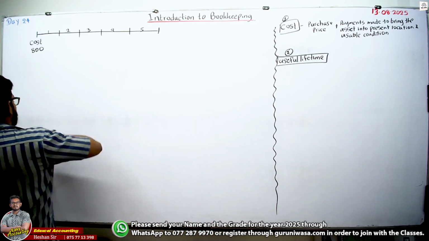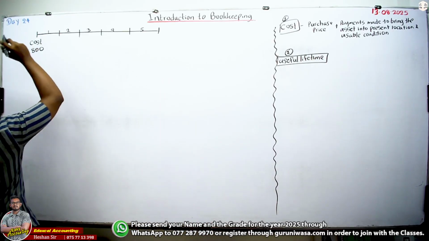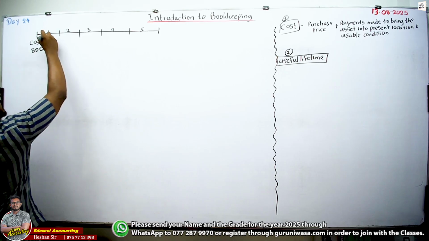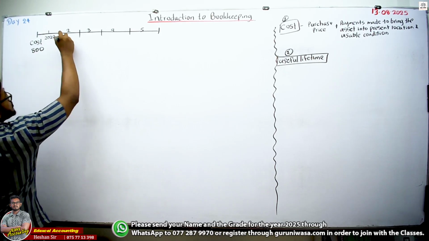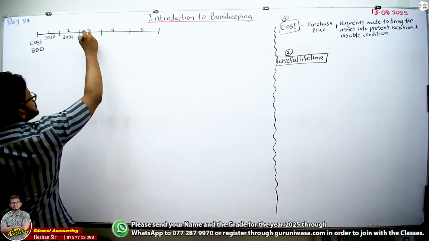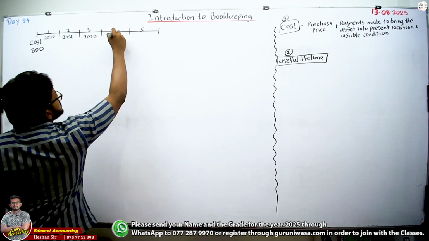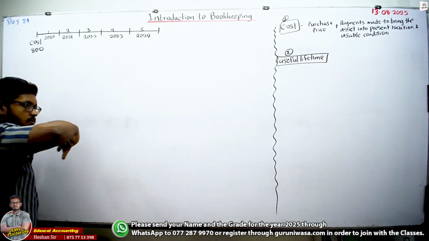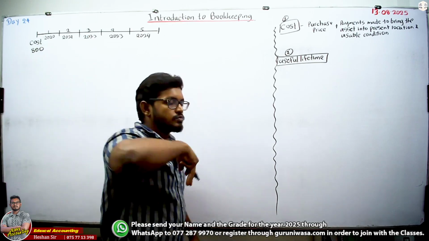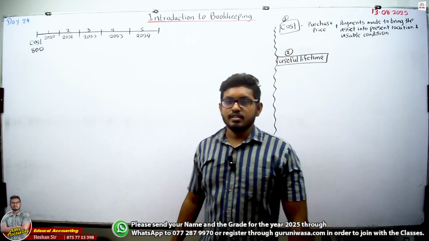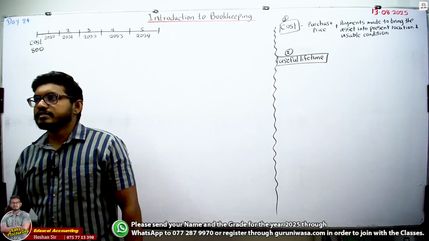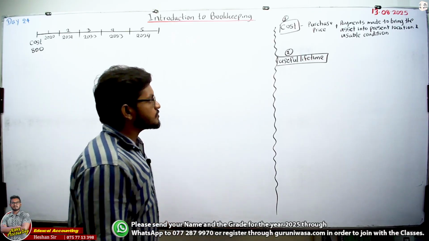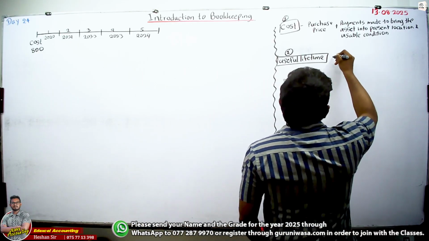So think you purchase it in January 2020 and you expect to use it for 5 years. So 2021, 2022, 2023, 2024 December, I'm going to sell it to another person or remove it from the business. Understand? The useful lifetime is the duration.